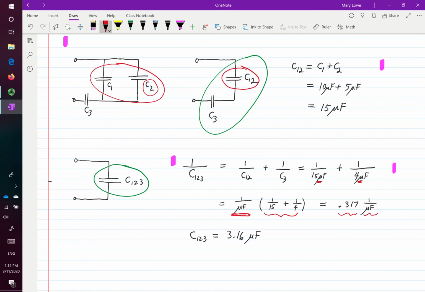But you know that micro is 10 to the minus 6, and then you have to do the reciprocal in order to find C123. So I just take the reciprocal of 0.317 to get 3.16, and then the reciprocal of the 1 over microfarads, which becomes this. It's a lot easier to keep all of your numbers straight on your paper. So that's it for this problem.